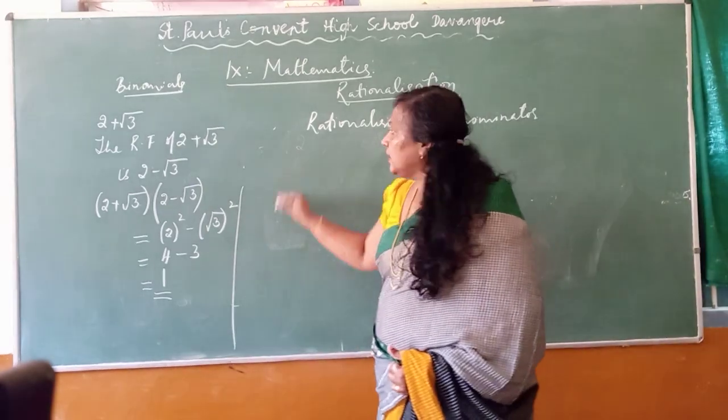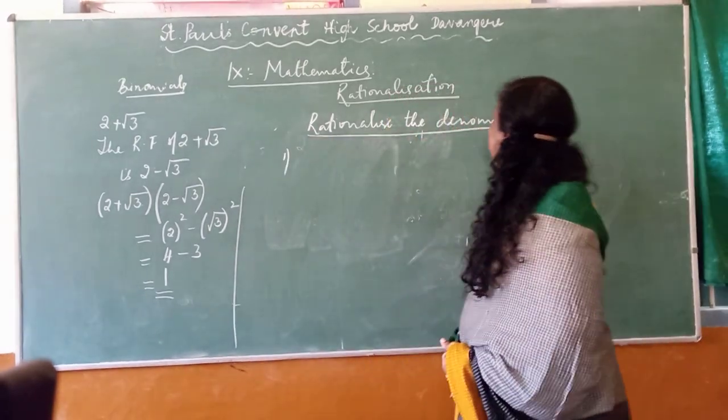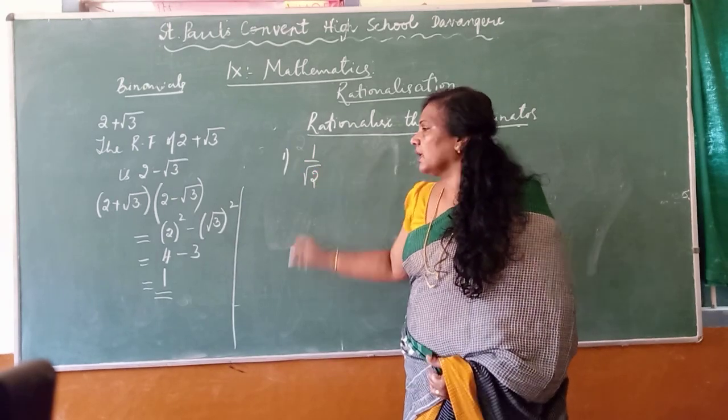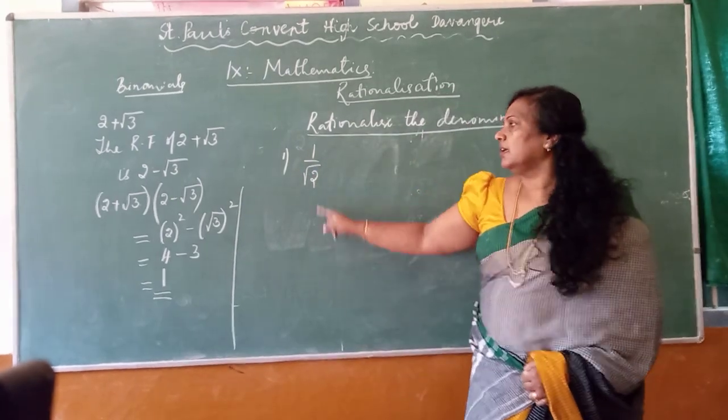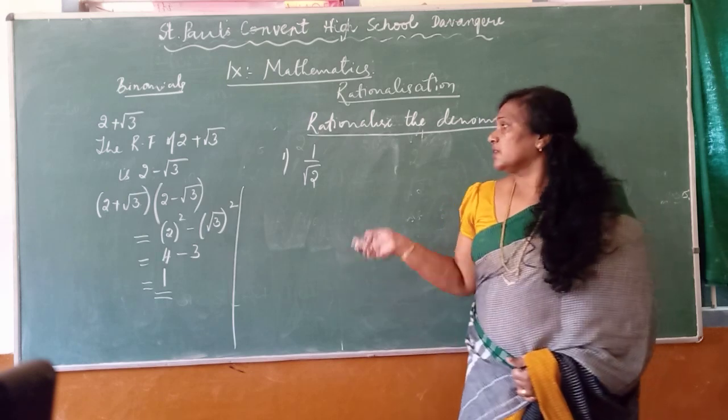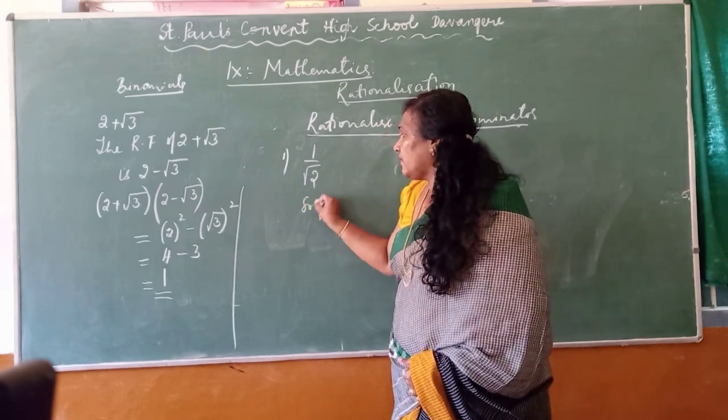For example, this is an irrational number. I have to rationalize it. So the following steps are followed.